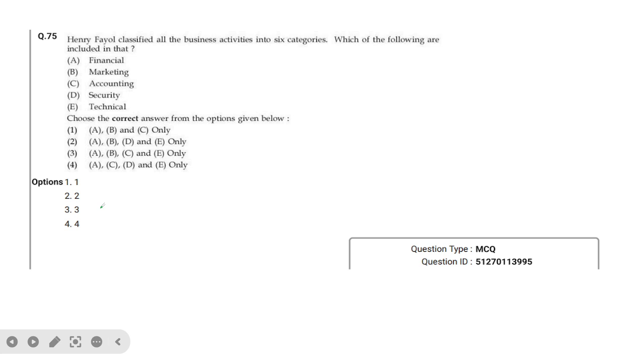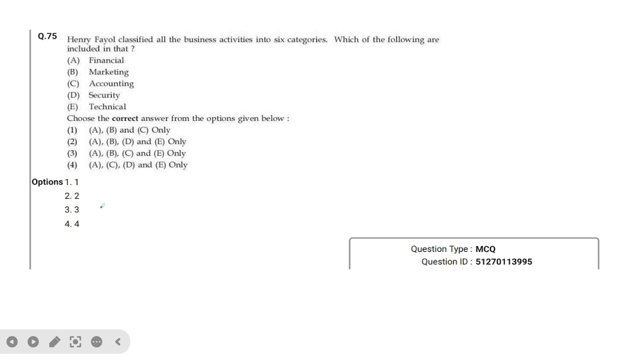Financial, marketing, accounting, security, या technical? Financial, marketing, accounting, security, and technical.